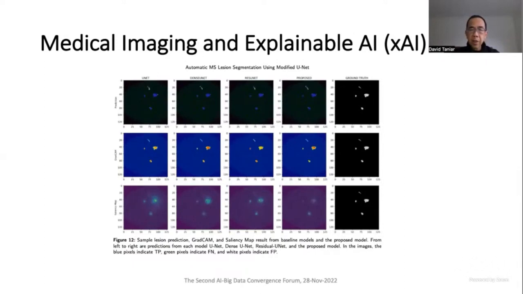The difficulties in this case is that the lesions are very small and there are a lot compared to brain tumor, which is one big one. So identifying this is quite difficult, even for the expert. So here we use deep learning to actually find the lesions, right?